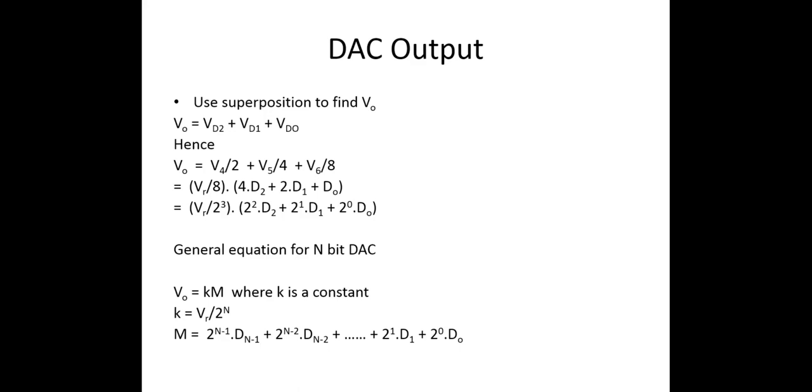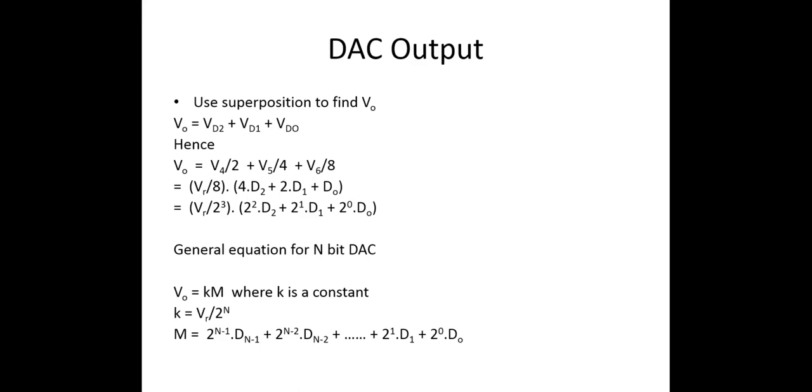So K is basically the minimum step size in the output of digital to analog conversion, and it's a very important parameter, because if this minimum step size is comparable or smaller than the noise voltages in the circuit, then we will not get the correct output.